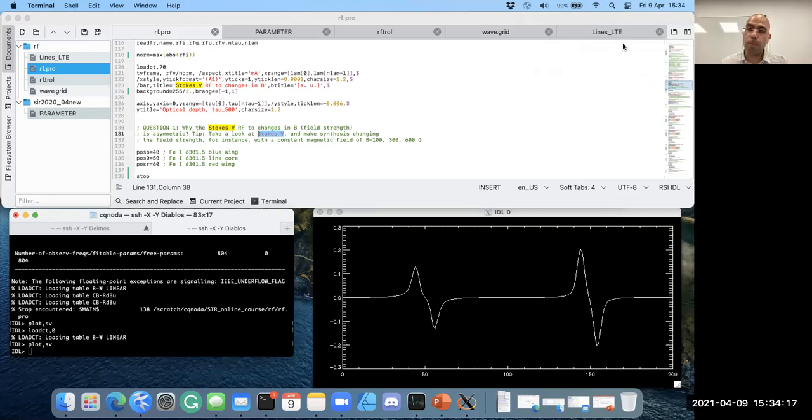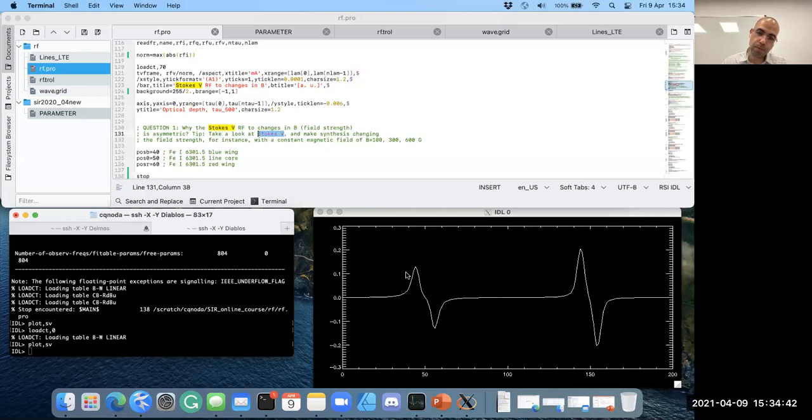What I was going to say is that the difference of sign is basically because of the shape of the Stokes V profile. So try to understand this. If you increase the magnetic field and run the synthesis again, the amplitude of this profile will go up, and this one also will go up.